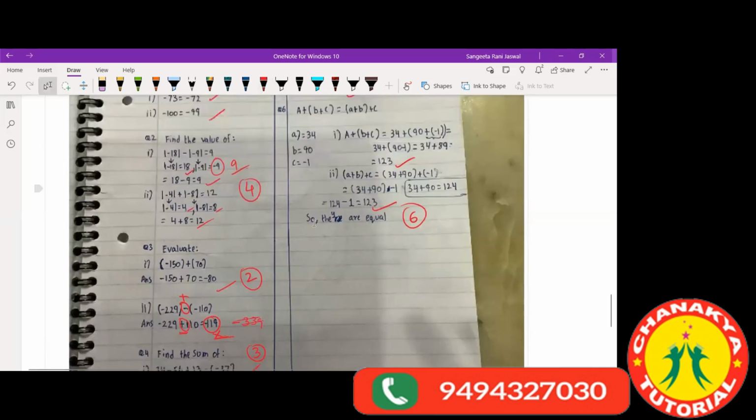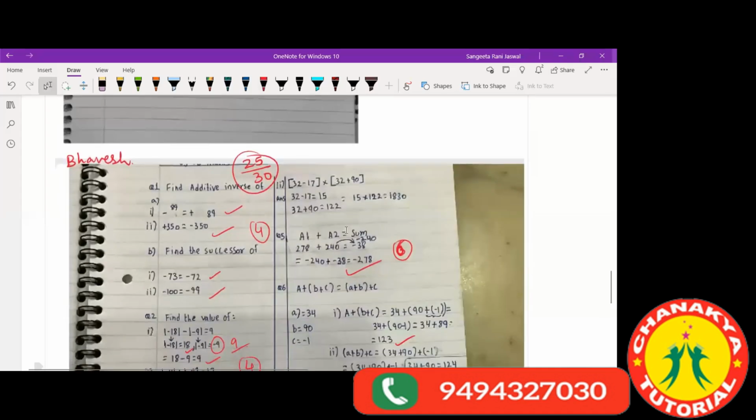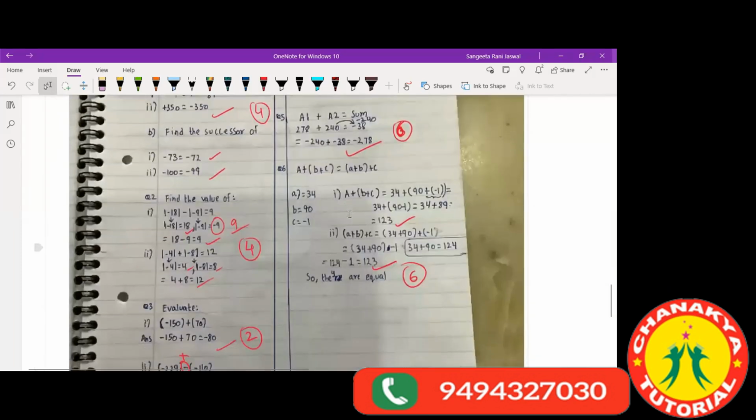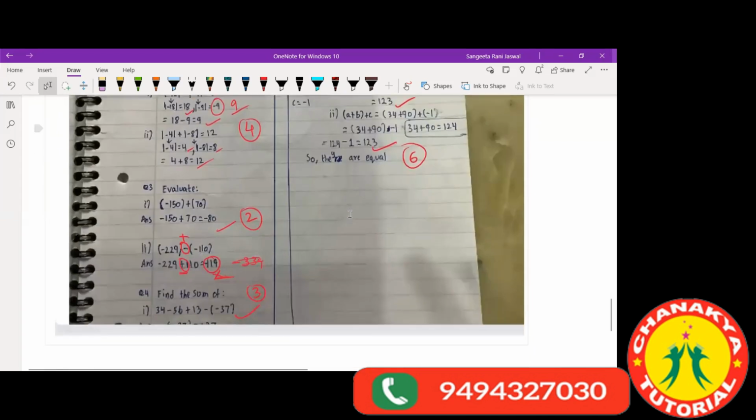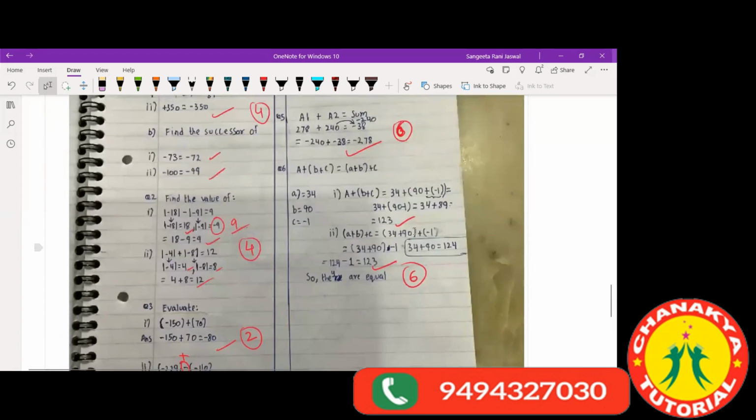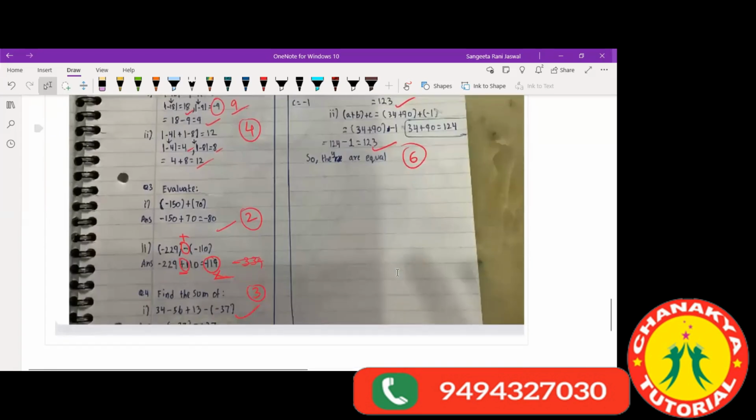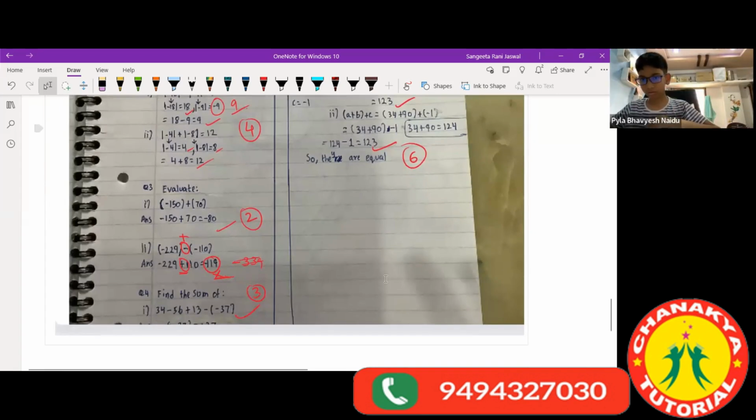Okay, so this question is, okay, this is correct. This is all correct. Why is this 124? Okay, no, it's okay. Both are 123. Okay, beta. I can check. It's correct, beta.